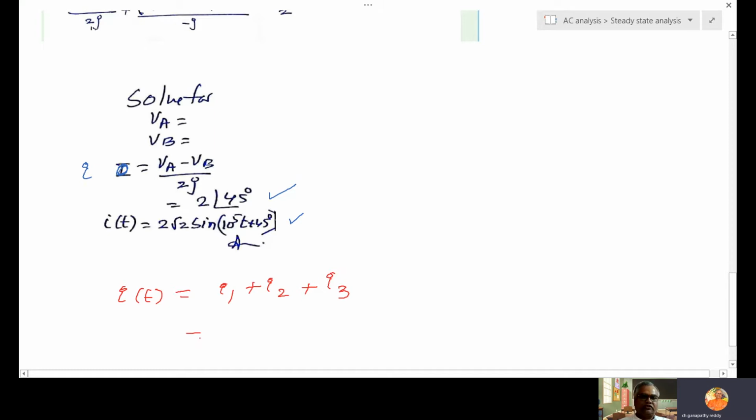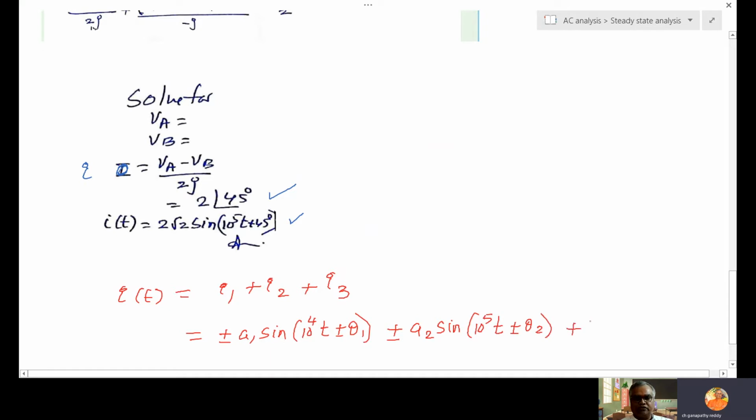So finally I of t contains I1 plus I2 plus I3. But how does this I1 look? Something like plus or minus A1 sin(10^4 t plus or minus theta 1). Then how does I2 look? A2 sin(10^5 t plus or minus theta 2).